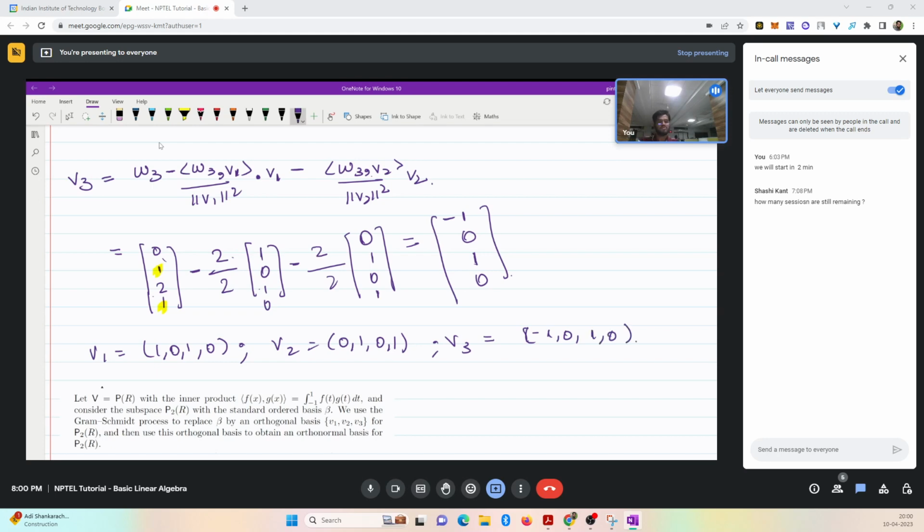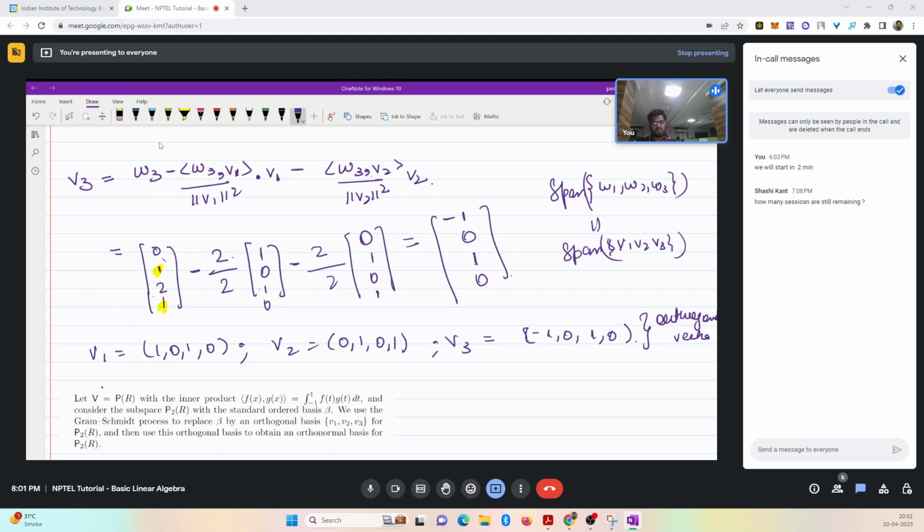Now this is what you obtained as your orthogonal vectors. Whatever was the span of W1, W2, W3 is the same as the span of V1, V2, V3 now. This is something that is called Gram-Schmidt orthogonalization.